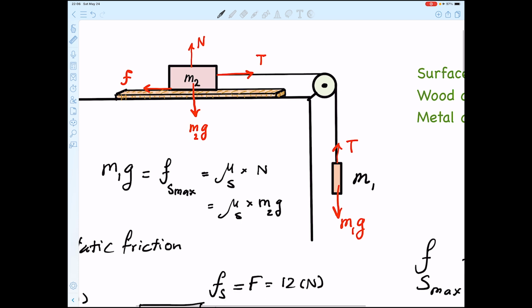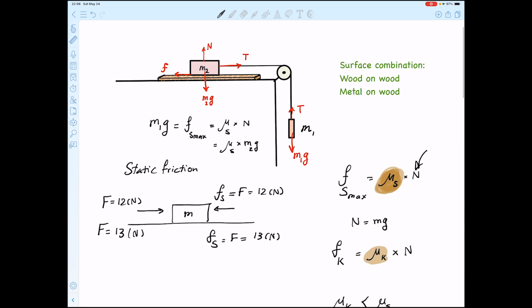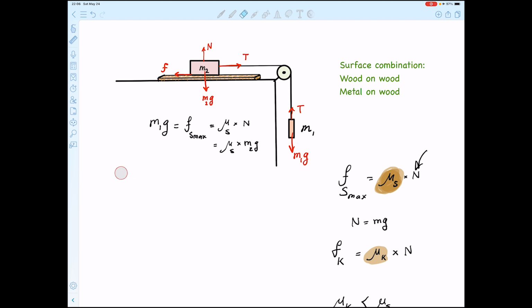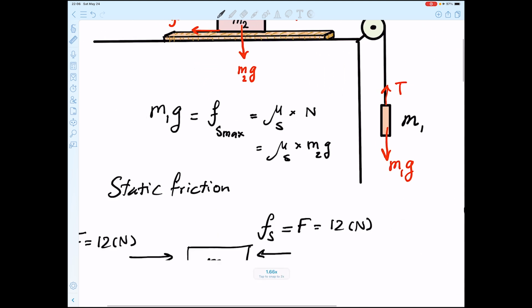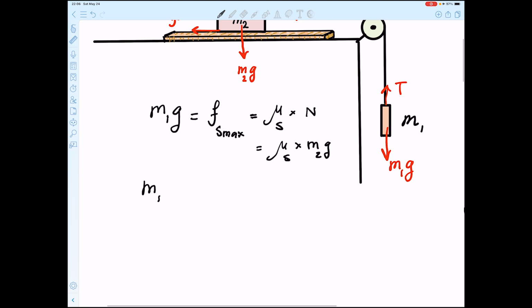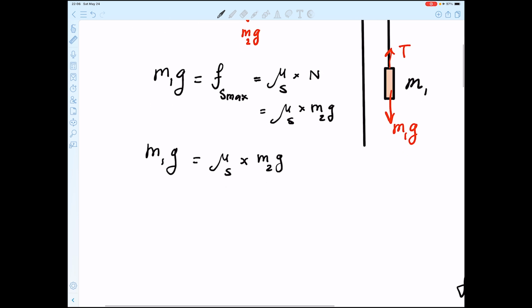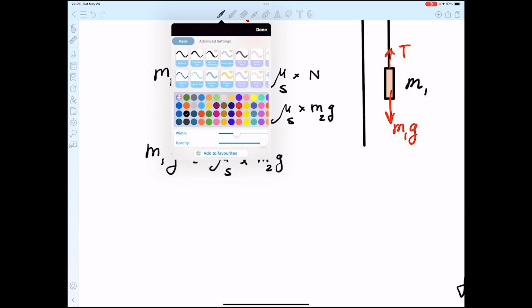Okay, so let me also erase all of these. All right, so M1g equals mu s times M2g. I can cancel g from each side.